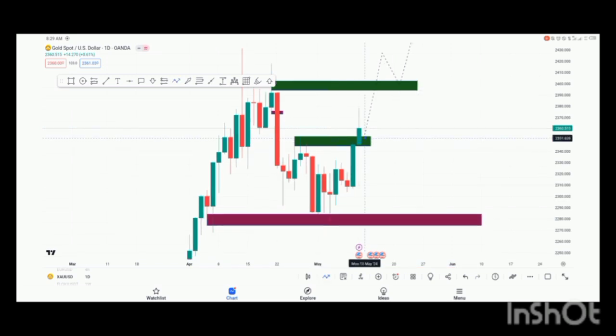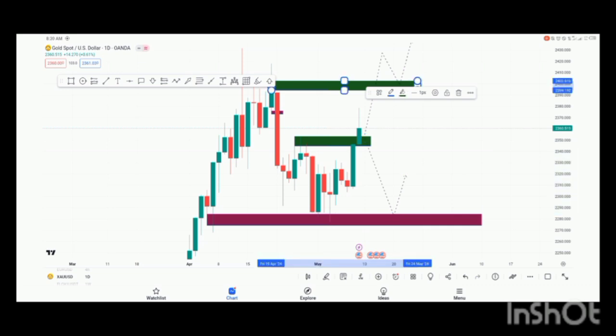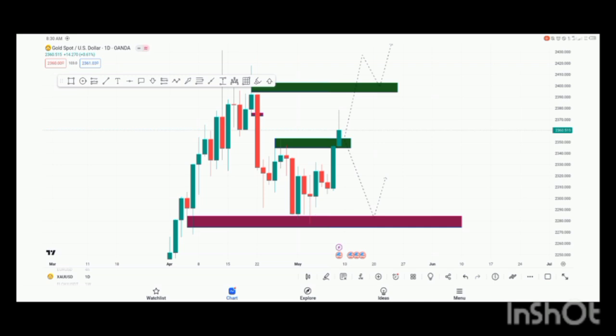So generally for XAUUSD, we're expecting price to continue upward and even break out of the resistance, which is this resistance zone right here. But if price decides to drop downward, we'll be expecting price to drop to this support zone before continuing to the upside.